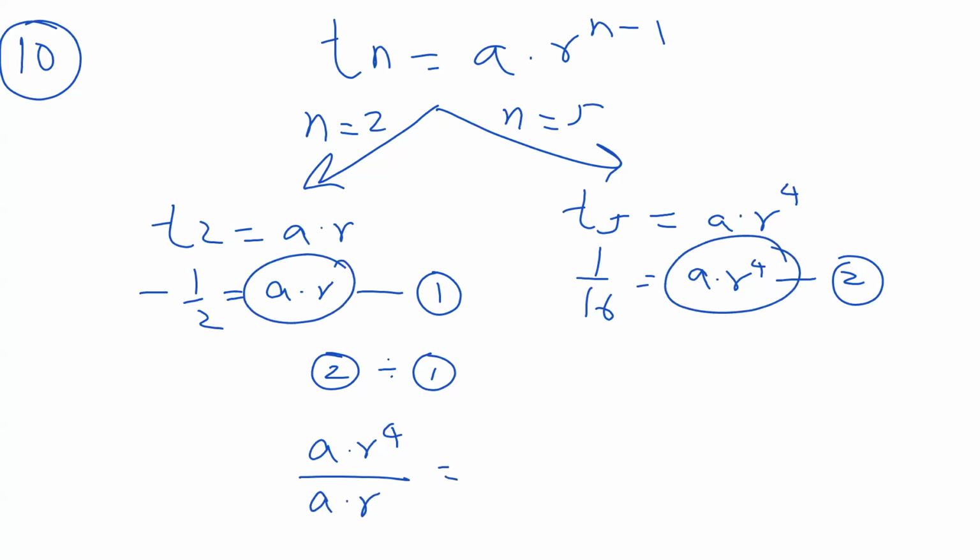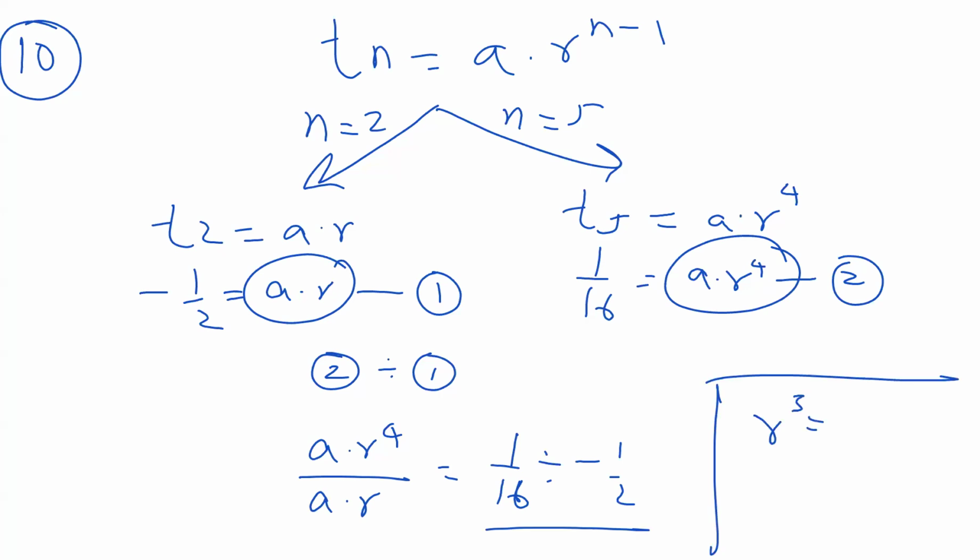This divided by this: 1 by 16 divided by minus half. So what is r cube, guys? What is 1 by 16 divided by minus half? Minus 1 by 8. Good.